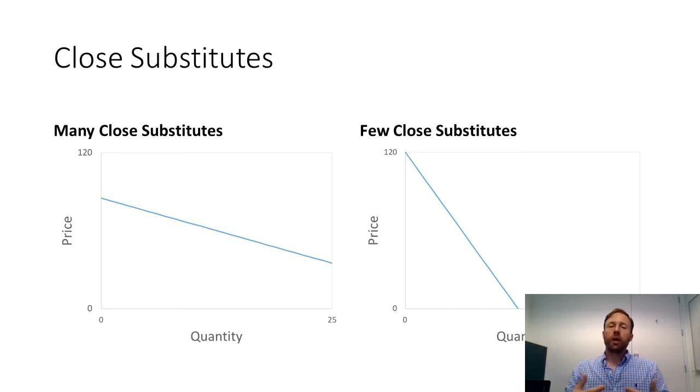The more close substitutes there are for a good, the easier a time consumers have finding some competitor who's selling more or less the same thing, and they're going to become more sensitive to changes in the price of that product. If there are no close substitutes or only a few of them, then consumers are going to be less sensitive to changes in price.